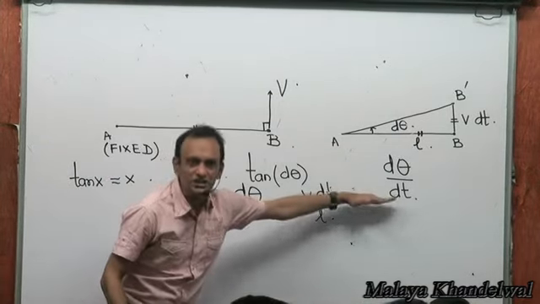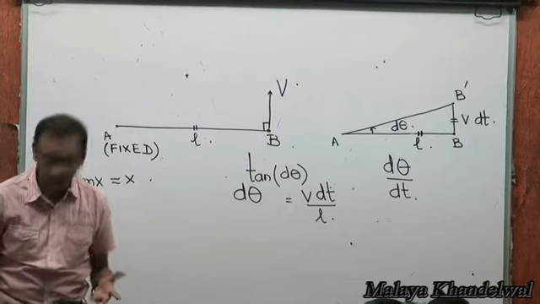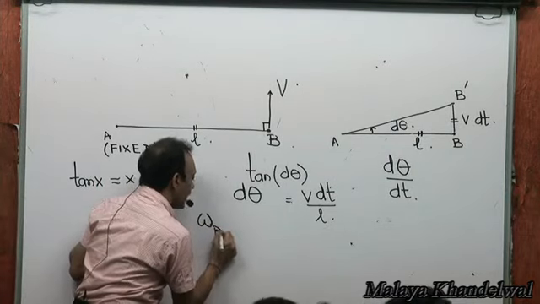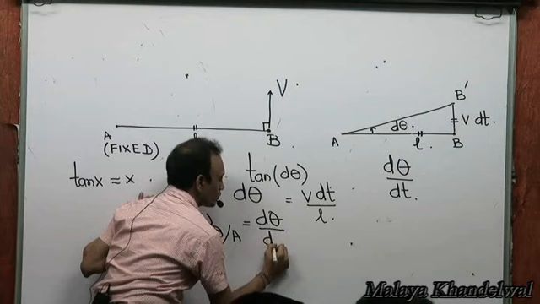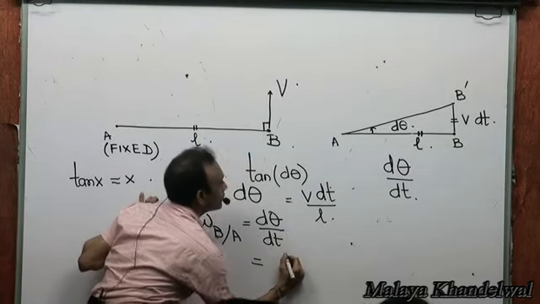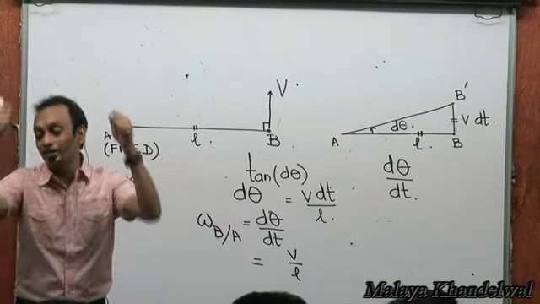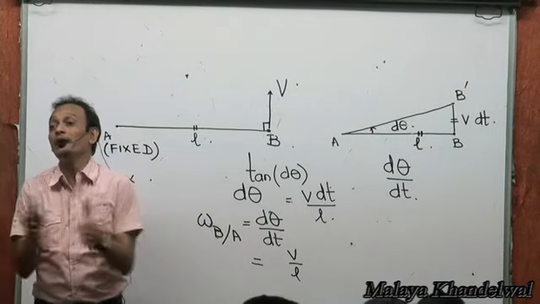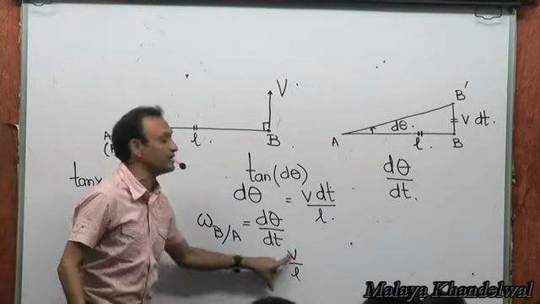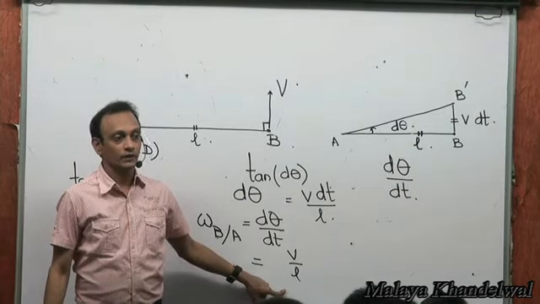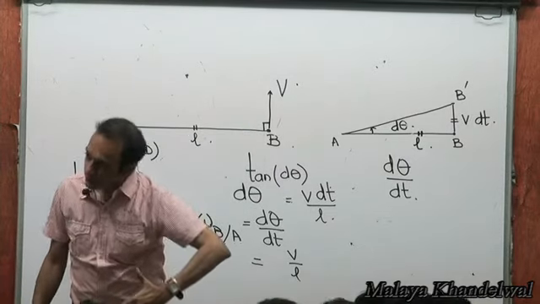That means it's going to be d theta by dt. d theta by dt would give me the angular velocity of B as perceived by A. So the angular velocity of B as reported by A is d theta dt, which is V by L, where V is the velocity of B perpendicular to the line joining A and B. That's omega of B as seen by A is going to be V by L, if A is fixed and B has a velocity V perpendicular to AB, right?